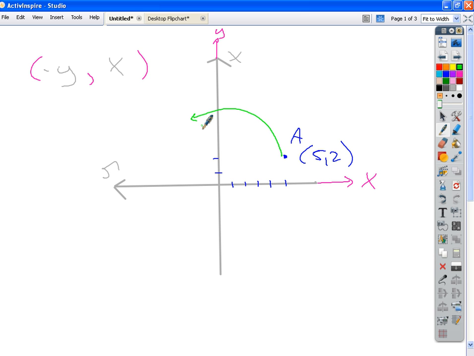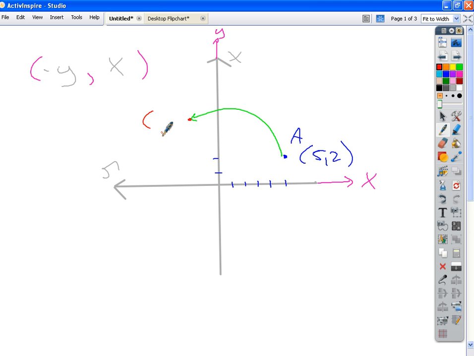The new x coordinate is going to be the opposite of what used to be my y coordinate. So a y value of 2 becomes an x value of negative 2, right?